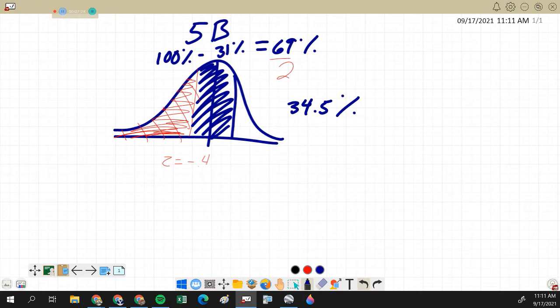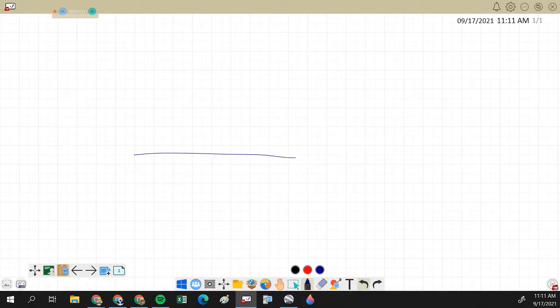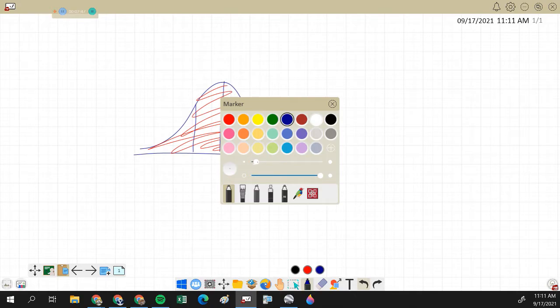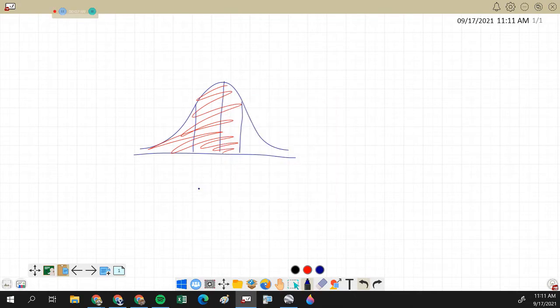Okay. C, to the left of 0.8. Where is 0.8? It's going to be right there, and I want to calculate that area. So the central area at 0.8 is 57.6.